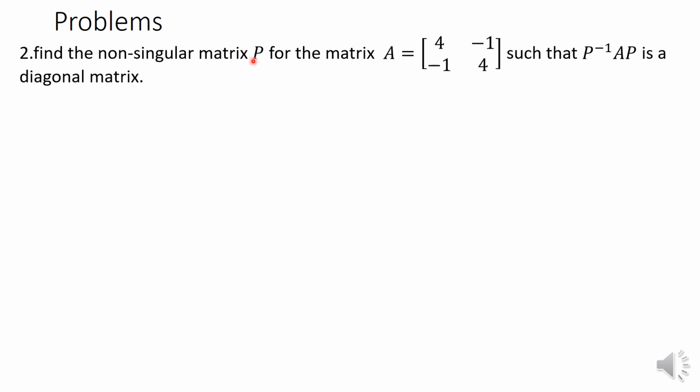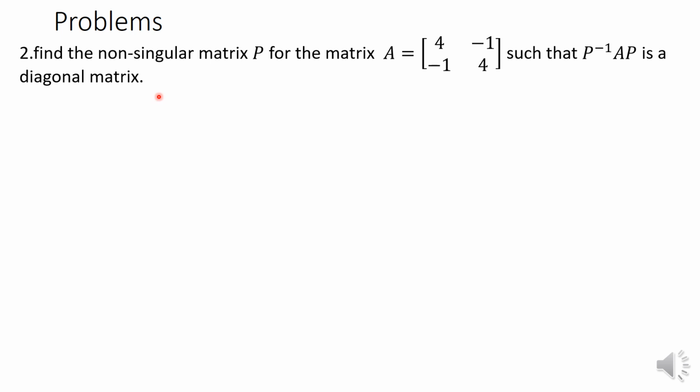We have to find this matrix P for the given matrix A, so that P inverse AP is a diagonal matrix whose diagonal entries are the eigenvalues. The method is the same: diagonalize the given matrix, find the non-singular matrix P. All are having the same meaning.